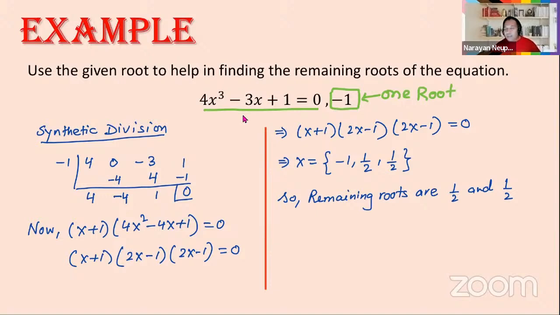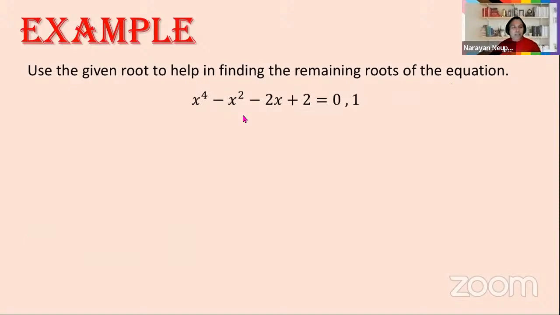In the next example, we are going to see how we can solve the polynomial equation of degree 4 using a very similar concept. And here is that example. Use the given root to help in finding the remaining roots of the equation. And here is the 4th degree equation given.